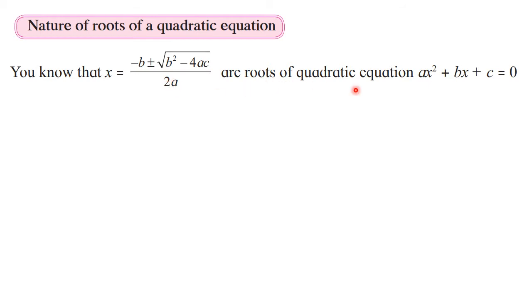These two are the roots of the quadratic equation ax square plus bx plus c is equal to 0. We know that one root is denoted by alpha and the other is denoted by beta. They differ only by this middle sign. That is why generally we find that when they are irrational roots, they are conjugate pair of each other.